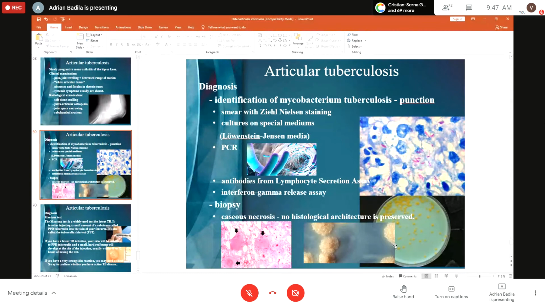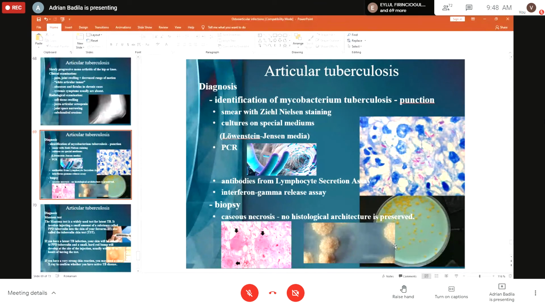Other two methods of identification are to identify the antibodies from the lymphocyte secretion assay or from the interferon gamma release assay, and this method will identify the antibodies made by the host body against Mycobacterium tuberculosis.